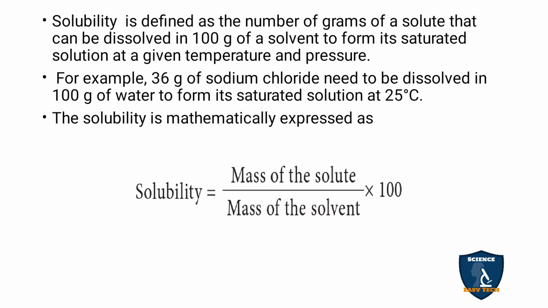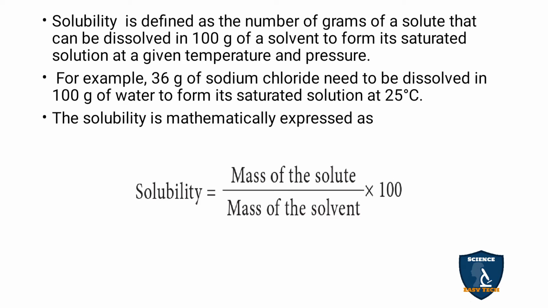So this forms a saturated solution at a given temperature and pressure. That is called solubility. For example, 36 grams of sodium chloride dissolves in 100 grams of water. This forms a saturated solution at 25 degrees Celsius.